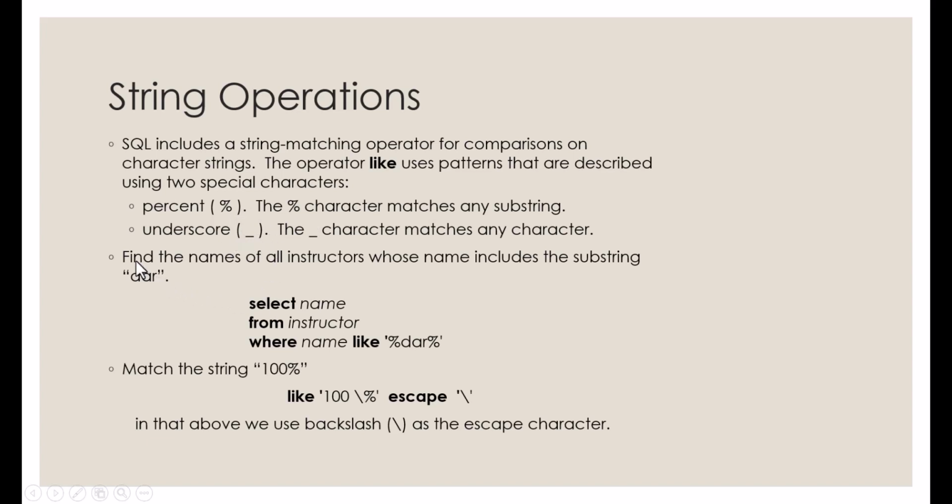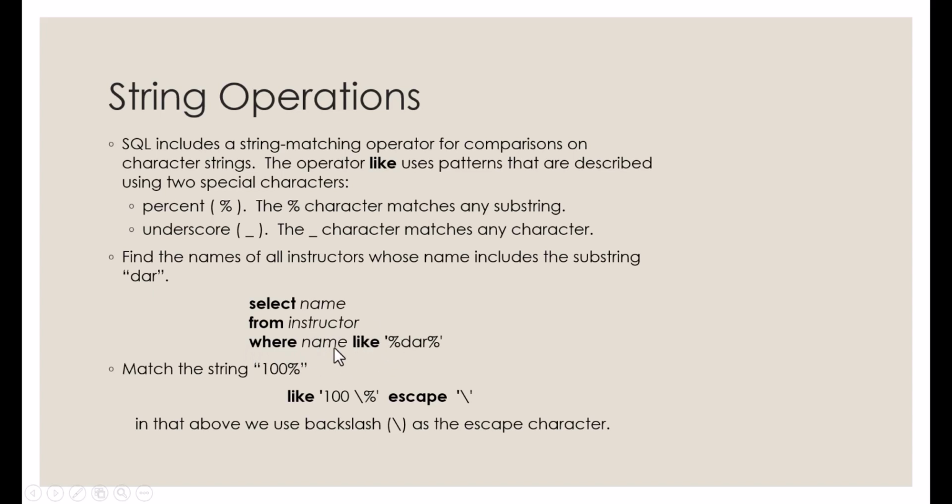If we want to find the names of all instructors whose name includes the substring dar, meaning we could have something before dar, something after, or something in front and after dar, we write select name from instructor where name, and then we use the keyword like.